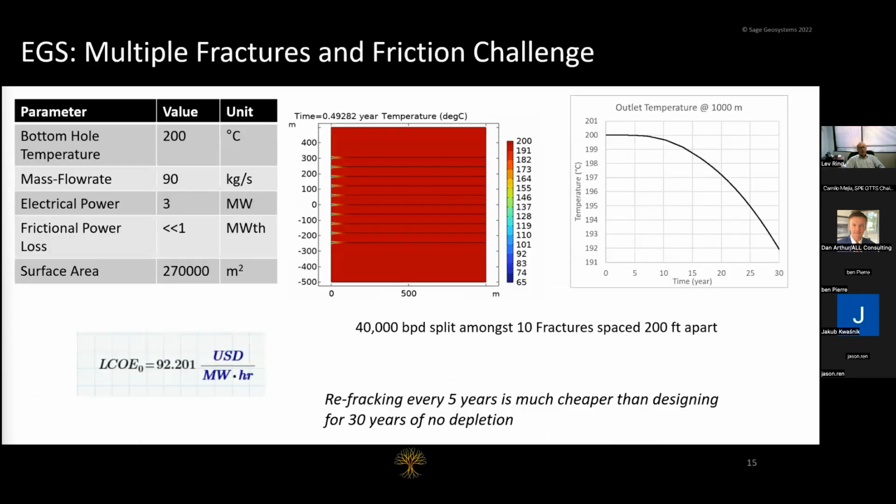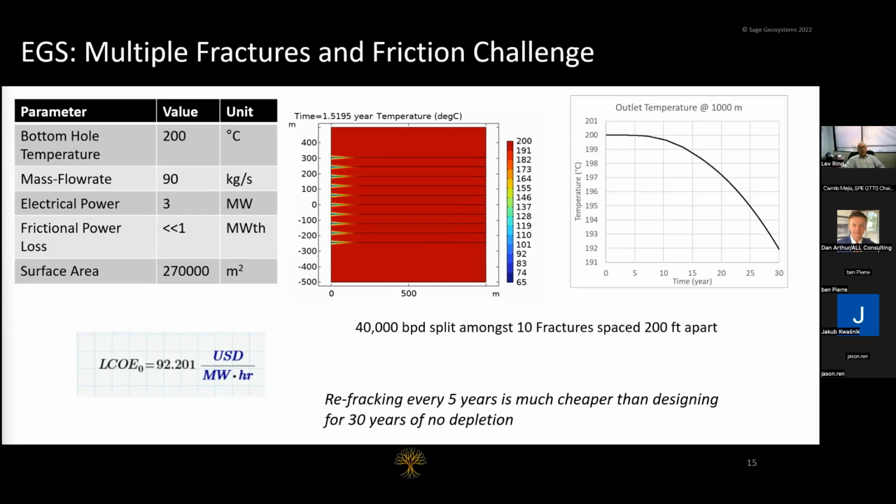Let's consider a different scenario. Let's drill 2 horizontal wells, 3,000 feet apart, and frac between them. As I said, let's assume it's 200 degrees at the bottom. Same assumption of 90 kilograms per second, and we want to generate 3 megawatt. And suddenly the problem becomes very realistic.